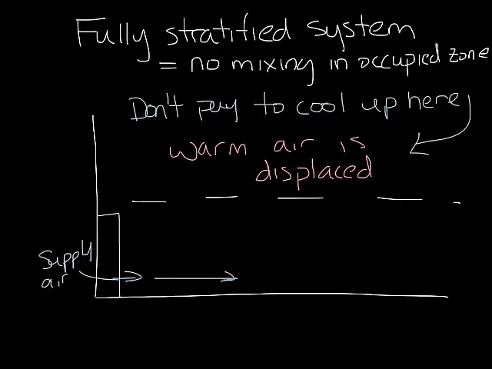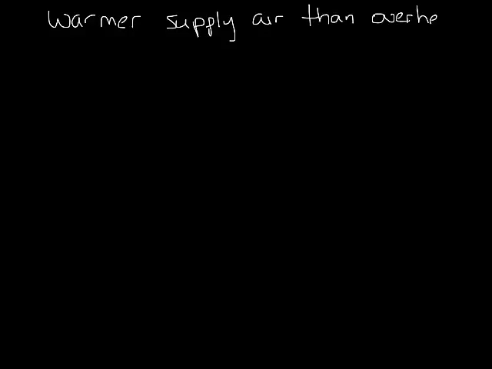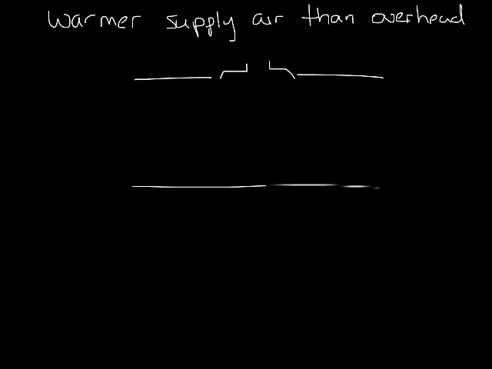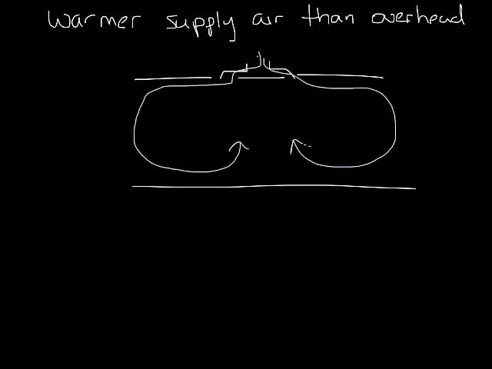Also like underfloor systems, because you are supplying the air directly to the occupied zone, the supply air temperature is warmer than what you use in an overhead system. If you remember from the underfloor podcast, this is because in an overhead system, the supply air has to travel across the ceiling and roll the room before it gets into the occupied space. So we use 55-degree air so that when it rolls the room and mixes with the warmer room air, it becomes a comfortable 75 degrees in the space.